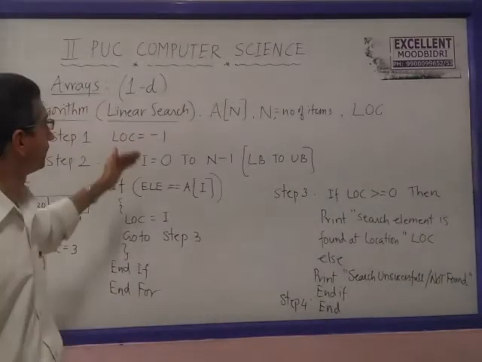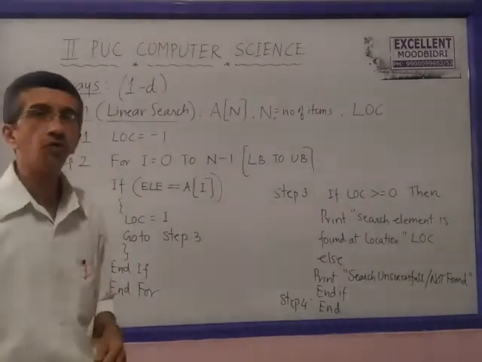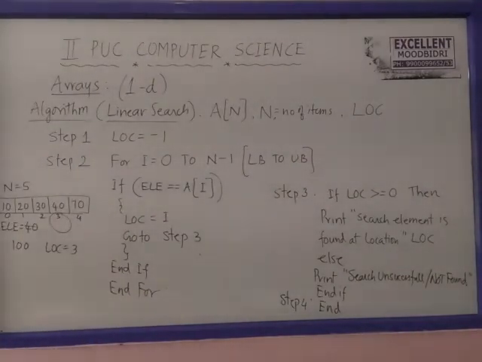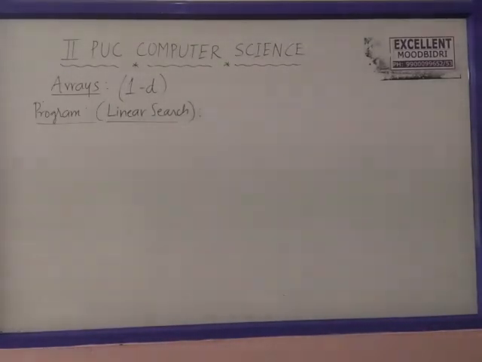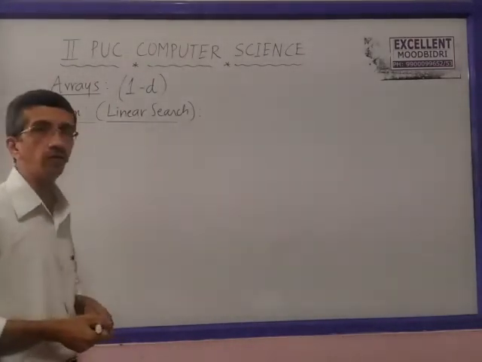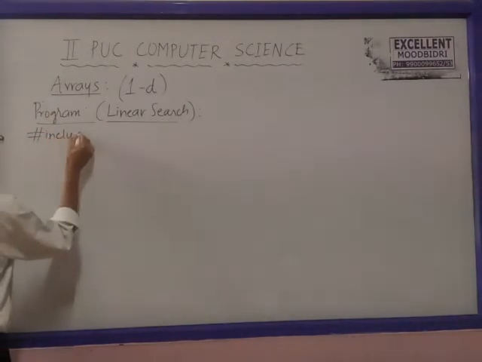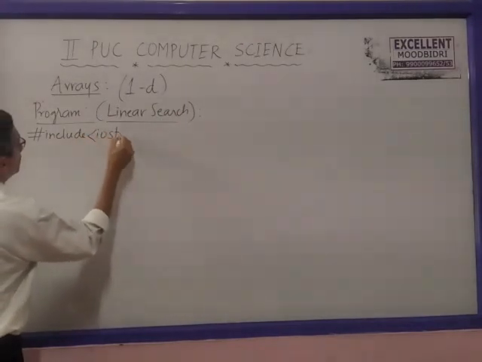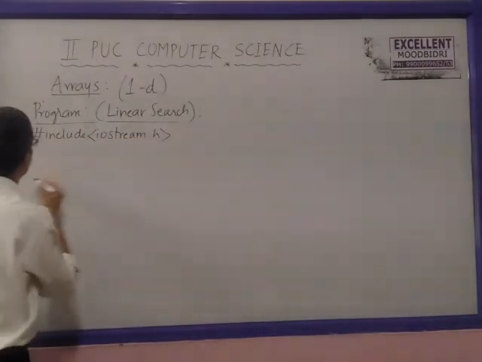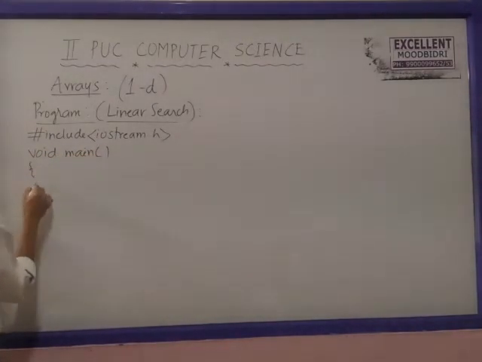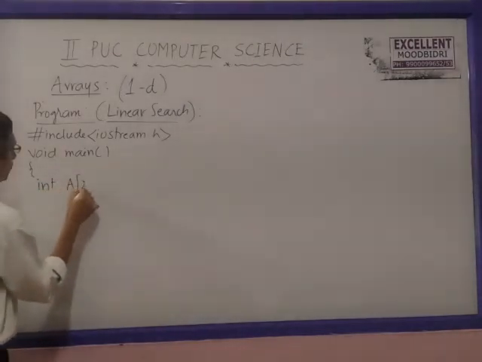Before that, we will write a program to search using linear search according to this algorithm. Now let us write the program for linear search. #include, void main, int A[25].